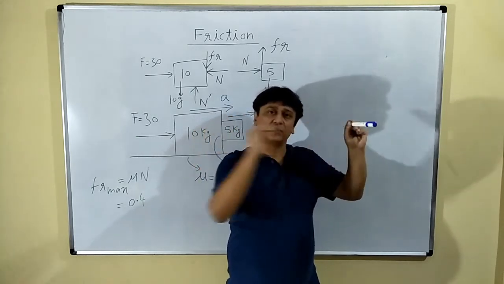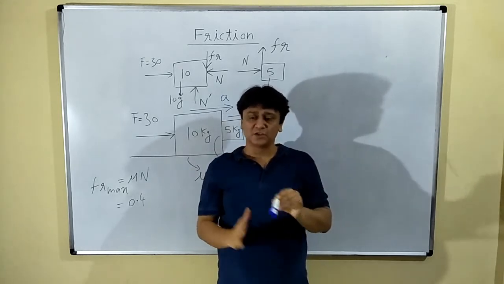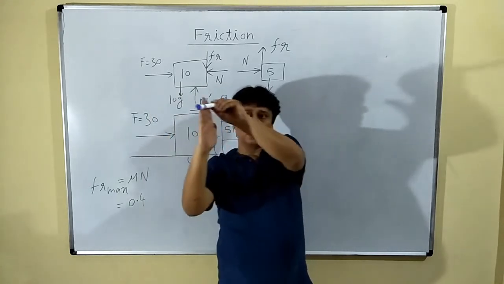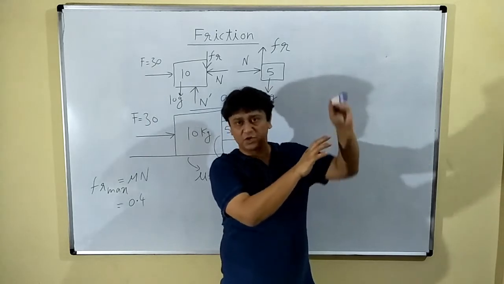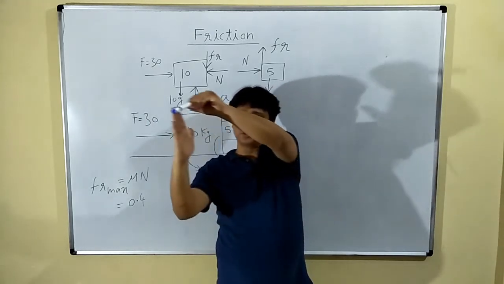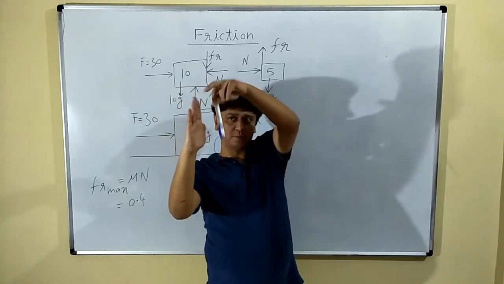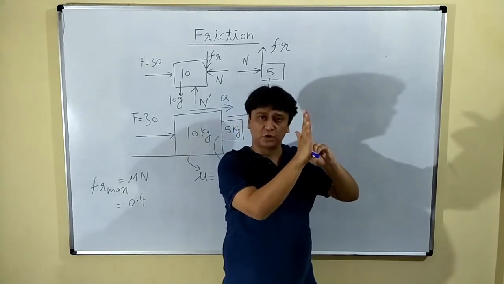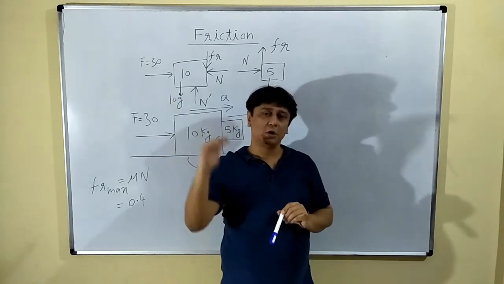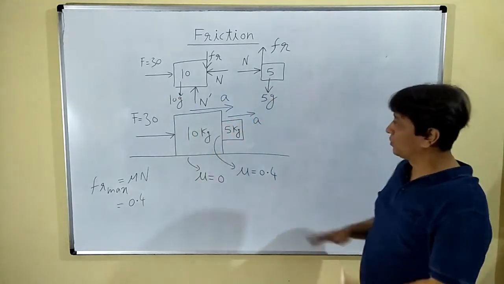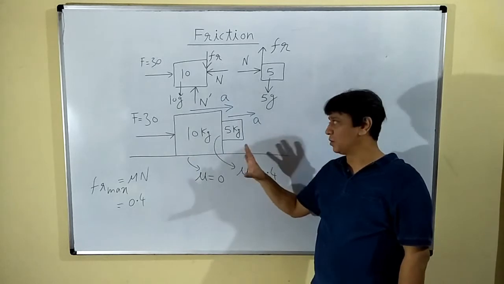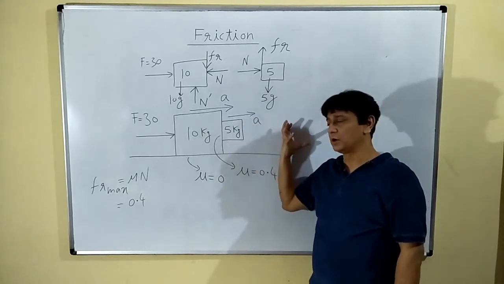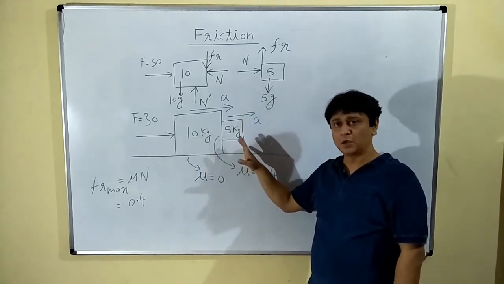In that case, they both have the same acceleration. But it could also be that they move forward while the 5 kg block is coming down. Even in that situation, starting from the top and ending at the bottom, the horizontal acceleration is the same. So we are sure that if this moves with a, the 5 kg block also moves with a horizontally. What about the vertical? We don't know, and that will be decided by FR maximum.